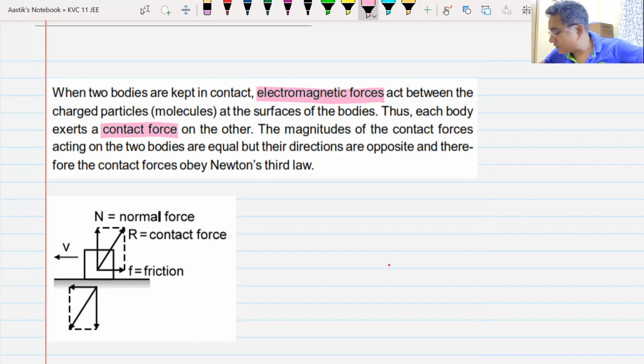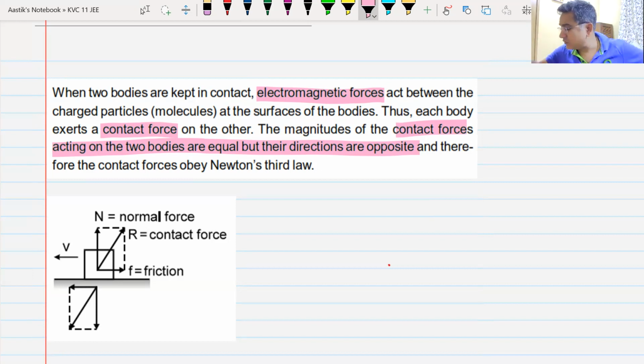This contact force is an action-reaction force. They act on the two bodies, but their directions are opposite. So these contact forces actually obey Newton's third law. They are equal and opposite.